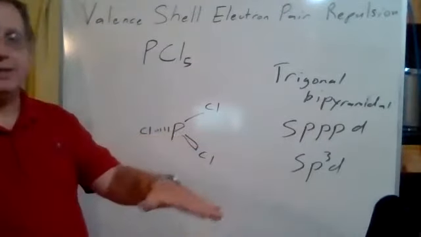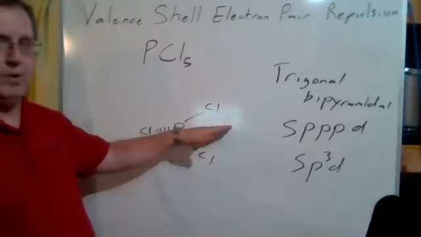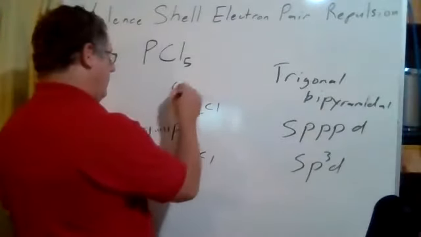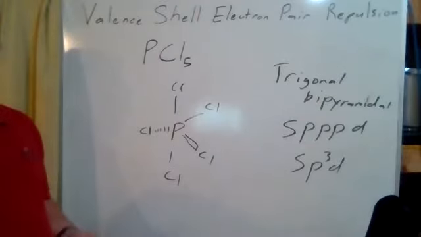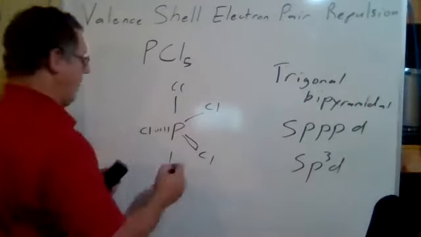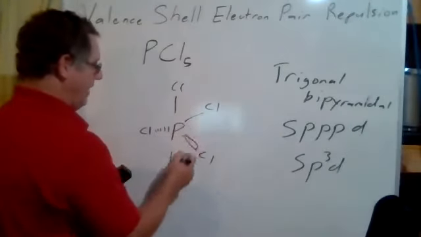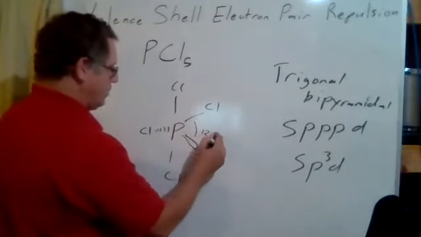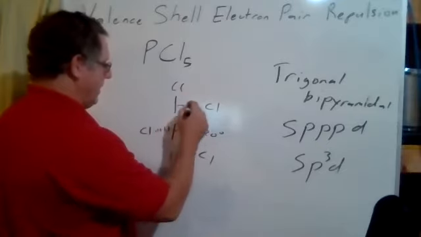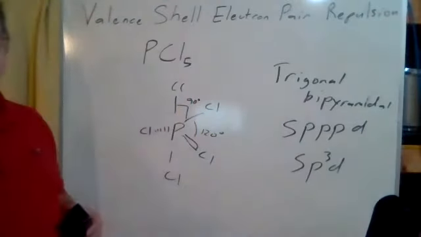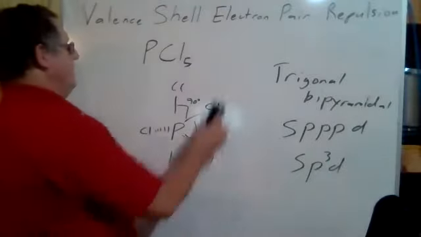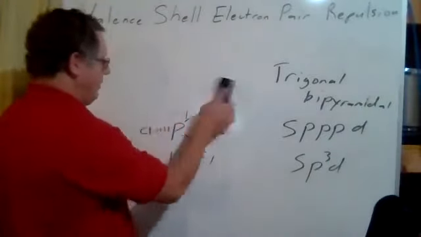Let's assume that's the board that we have right here. And then I'm going to have 1 above and 1 below. And that's very simply how it's going to be. This is trigonal bipyramidal. This bond angle is 120 degrees. This bond angle is 90 degrees. And I also have a 180-degree bond angle.